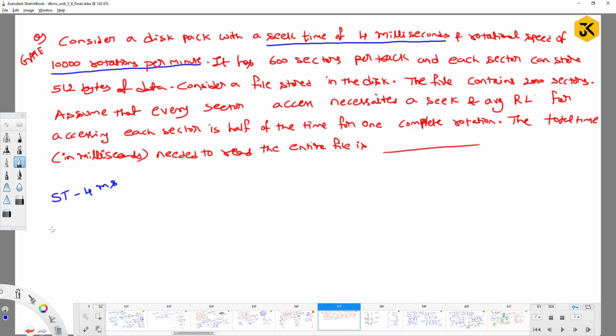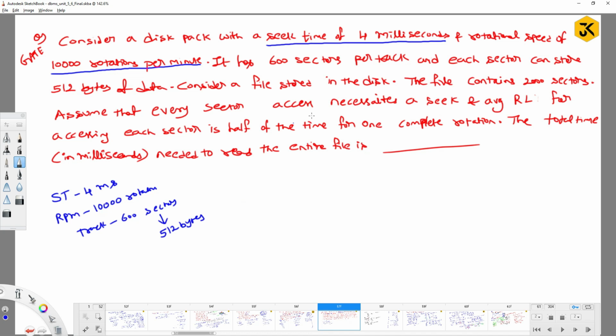Rotational speed is 10,000 rotations per minute, meaning for 60 seconds it is going to rotate 10,000 times. It has 600 sectors per track, so one track contains 600 sectors and each sector can store 512 bytes of data.